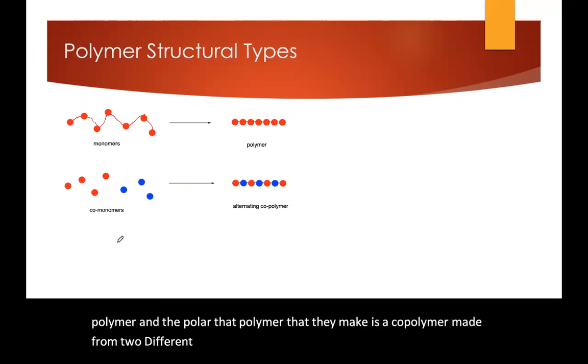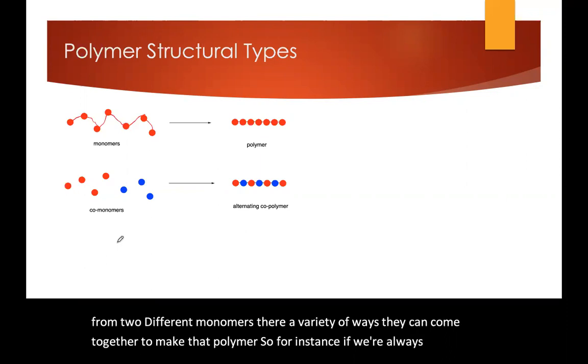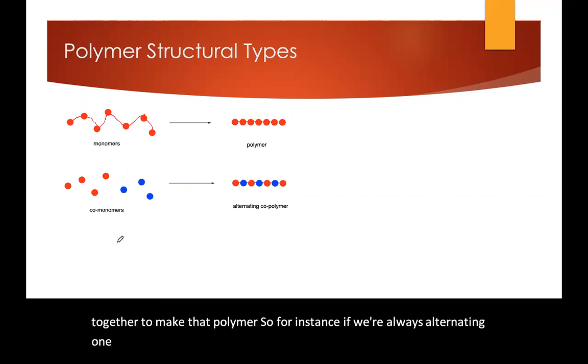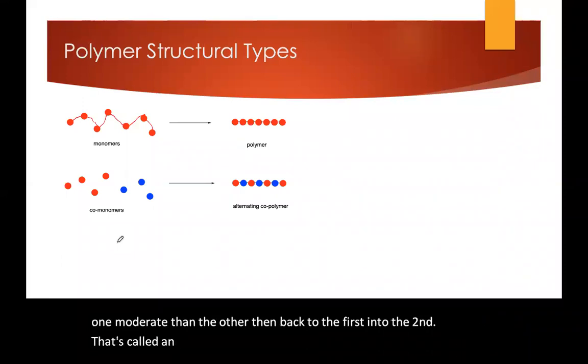And there are a variety of ways they can come together to make that polymer. So for instance, if we're always alternating one monomer, then the other, then back to the first, then to the second, that's called an alternating copolymer.